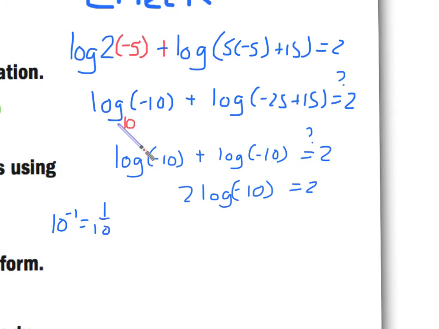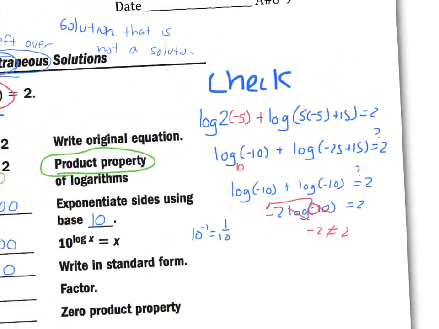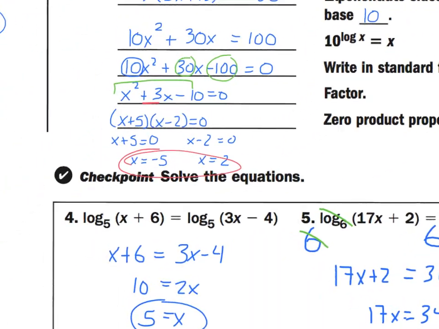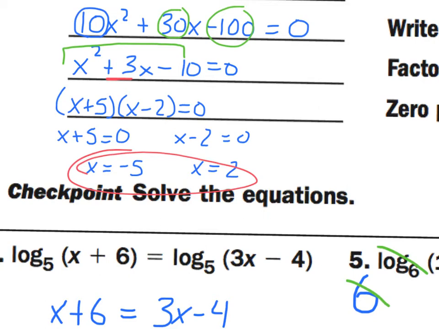There is no exponent that'll change my sign from a positive to a negative. So I can't clean this up. Even if I tried to cancel this stuff out, I still have a negative here, which now becomes negative 2, which clearly negative 2 does not equal positive 2. So what do we conclude? That although mathematically I get two answers, this one is not one of them. Only x equals 2.